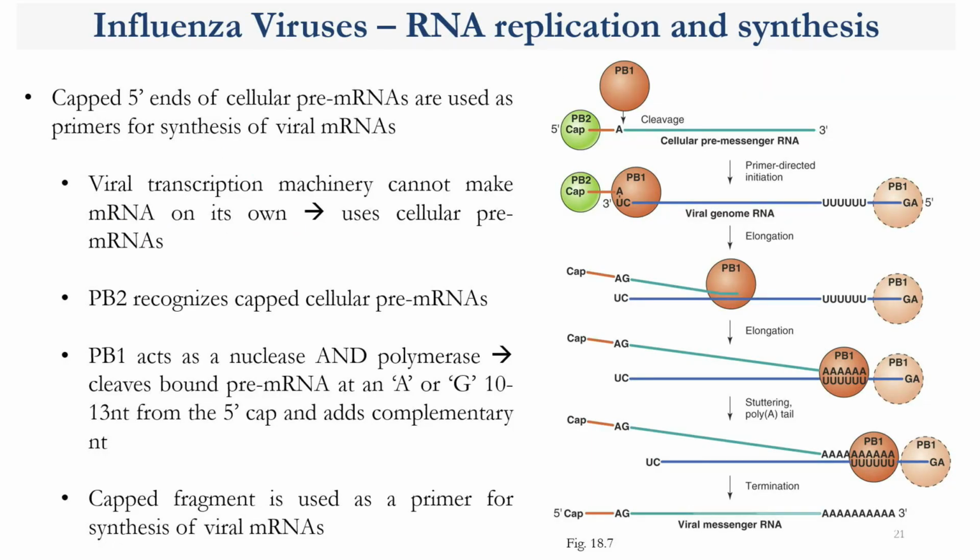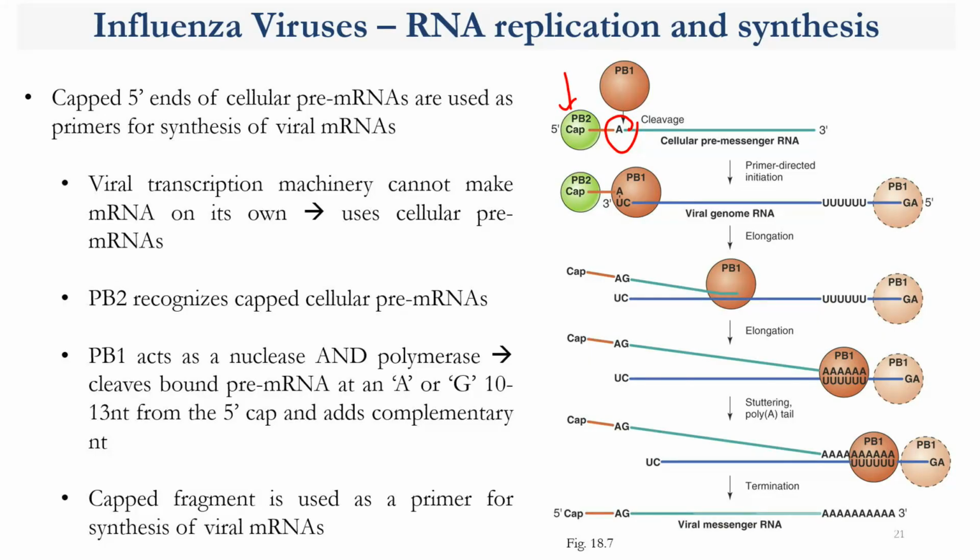Your PB2 will recognize the cap on the pre-mRNAs in the cell. Then PB1 cuts at a specific site. It acts as a nuclease as well as a polymerase. So PB1 is both a nuclease as well as a polymerase.